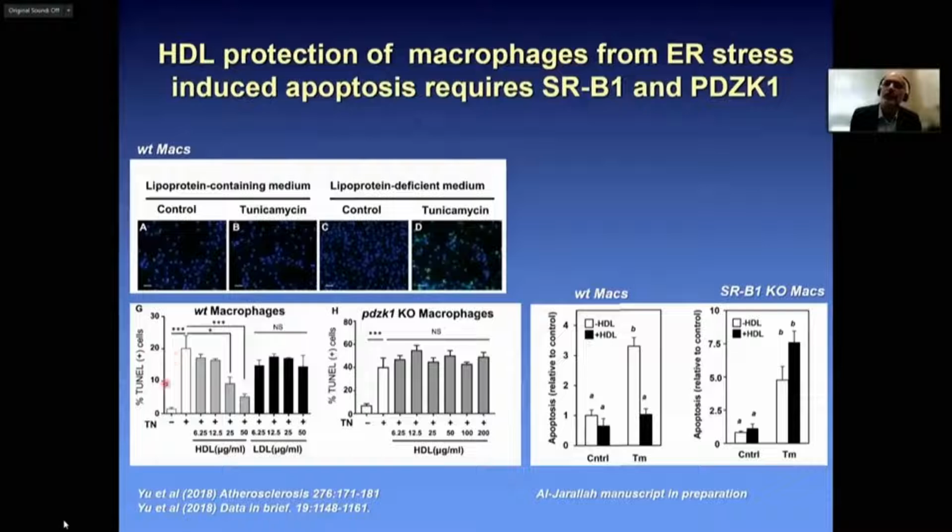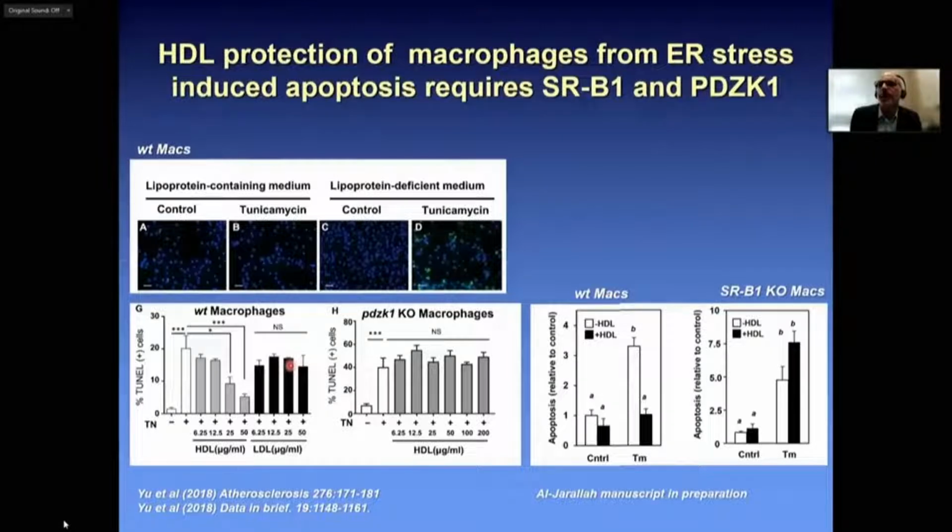Quantifying this, again, she saw tunicamycin-induced cell death in macrophages in the absence of lipoproteins. And when she added back different lipoproteins, she found that HDL could attenuate this tunicamycin-induced cell death in a dose-dependent manner, whereas other lipoproteins such as LDL could not.